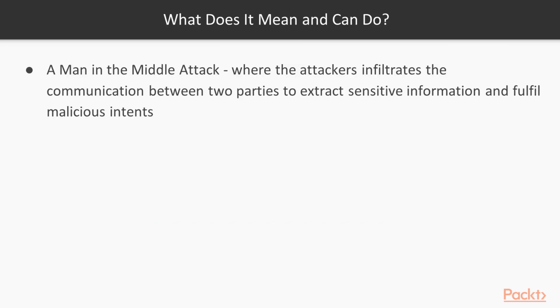Let's see the definition for it. It's where the attacker infiltrates, that means he is able to insert any messages into the communication between two parties and also extract sensitive information, just as I mentioned, and could be any financial information to fulfill whatever the purpose of the attack is. Could be even targeting a single individual.